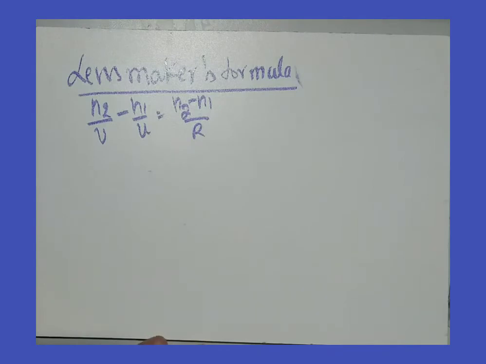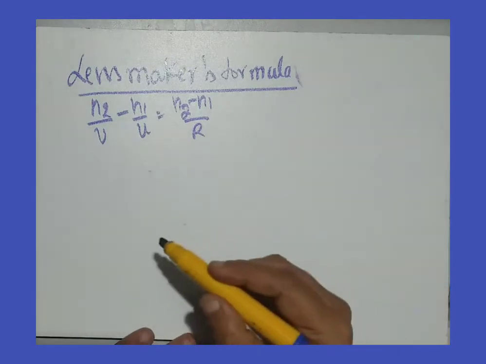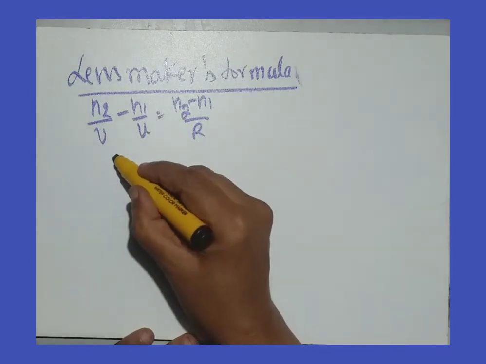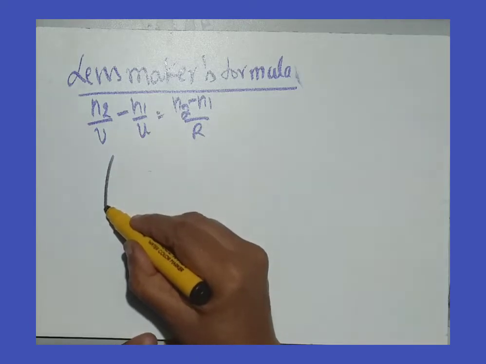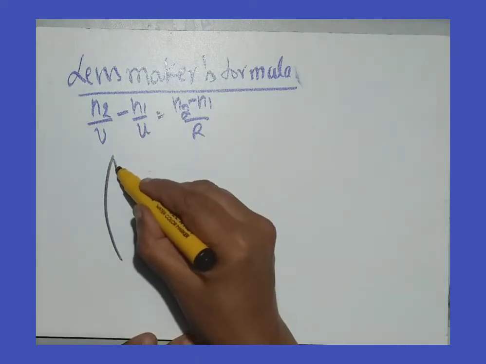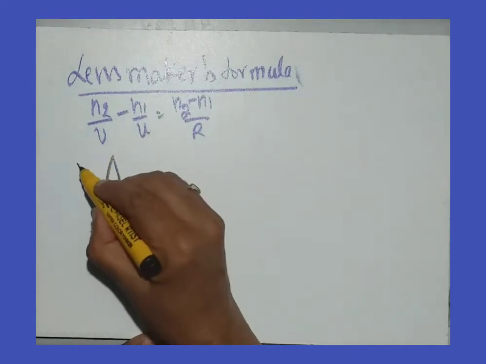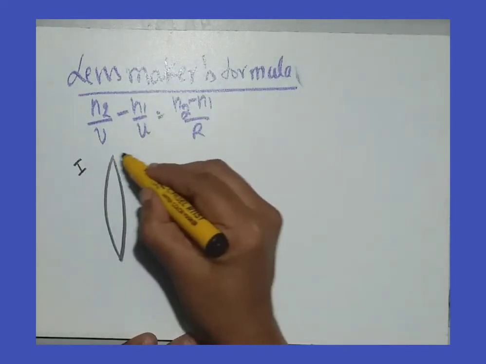Okay. Now we draw the figure for the lens and then we go for the derivation. Say this is what I call as lens there, what I take as lens. The lens is surrounded by the same medium on both sides.